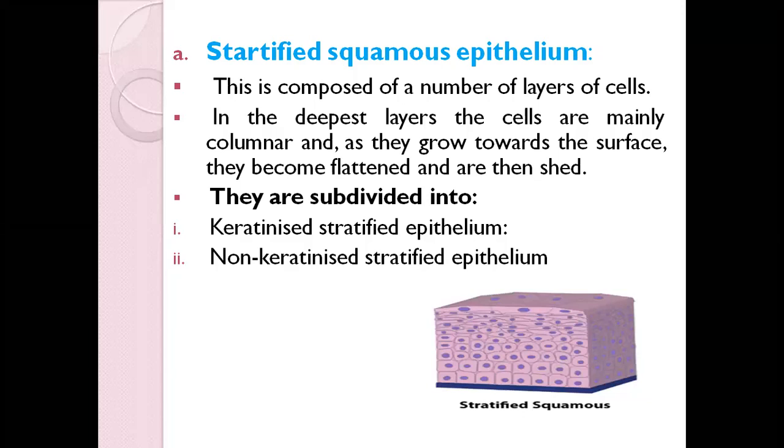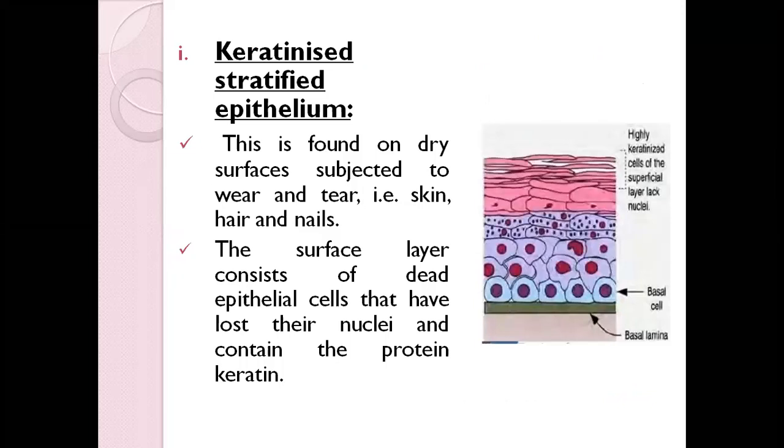The main difference between keratinized and non-keratinized is that keratinized stratified epithelium is found on dry surfaces, and non-keratinized is found on moist surfaces, which I'll show you. Keratinized stratified epithelium is usually found on dry surfaces, for example in the skin, hair, and nails.